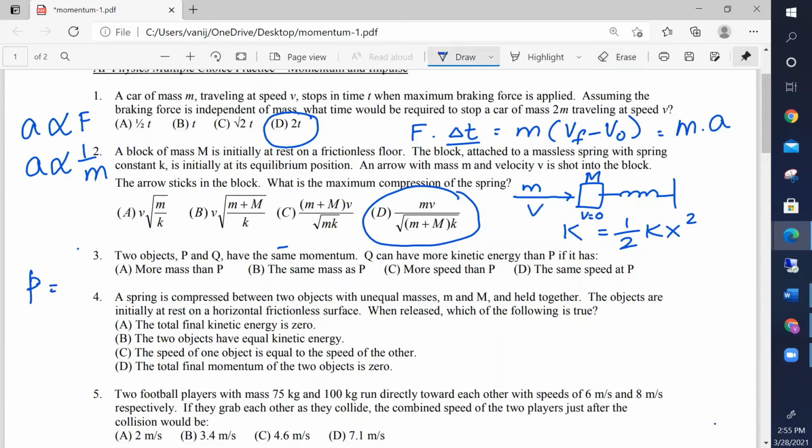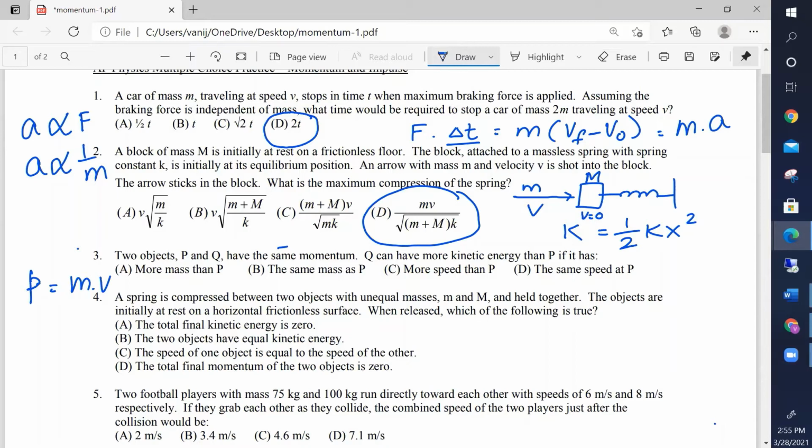Keep in mind that momentum is the product of mass and velocity, right? So when you say two objects have the same momentum, then obviously if one of the objects has more velocity, then it should have less mass. If the object has more mass, then the velocity is going to be less in order to maintain the product the same, right?